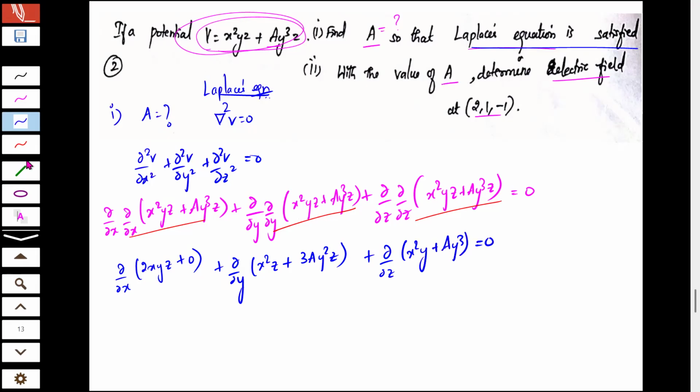This is equal to 0. Next, we should do second time differentiation of this, which will give 2yz. Then here you will get first term 0, second term you will get 6ayz. Then differentiation of this with respect to z is 0, equals to 0.